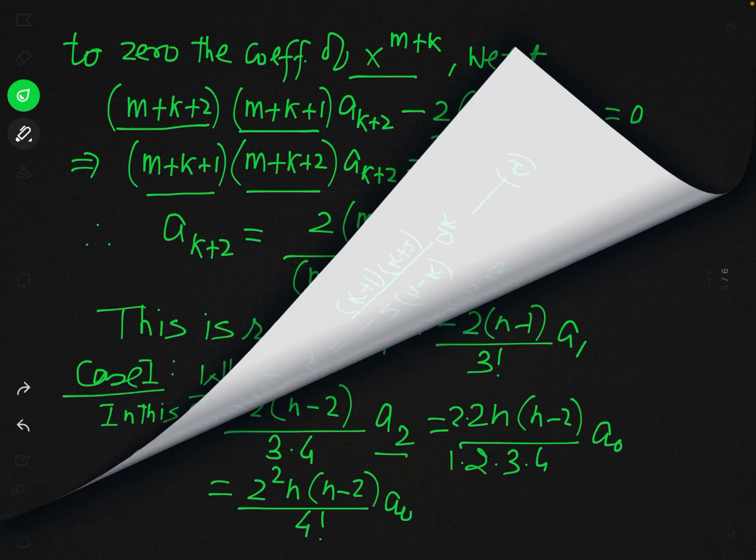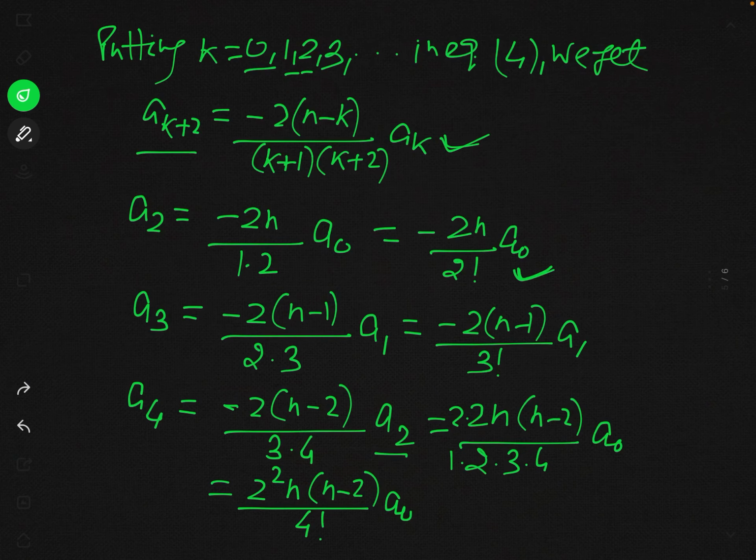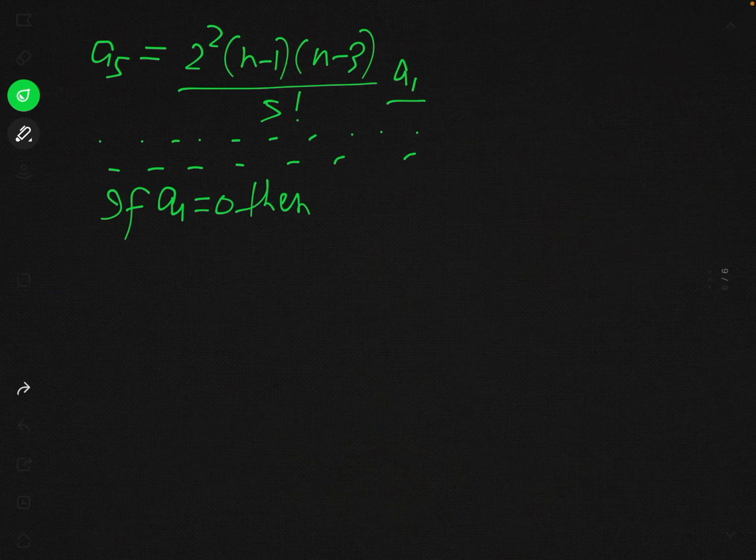So if we consider that a1 is 0 when m is equal to 0, so you can see if a1 is equal to 0, then you may check that this a3 contains a1, so this a3 will be also 0. a5 also contains a1, so this will be also 0.